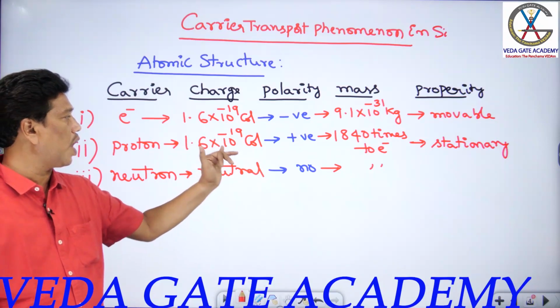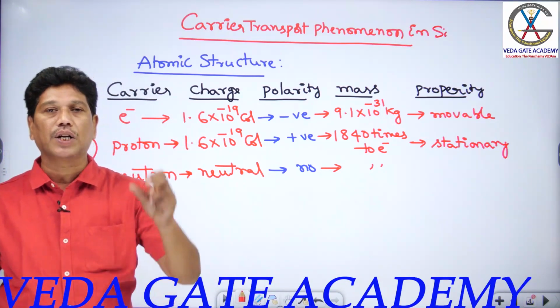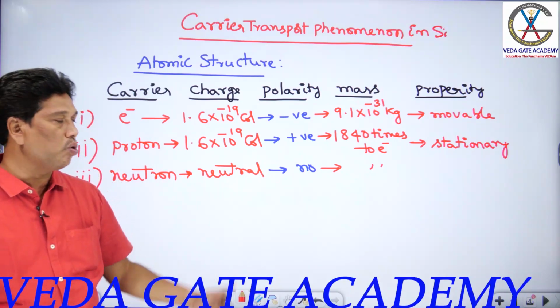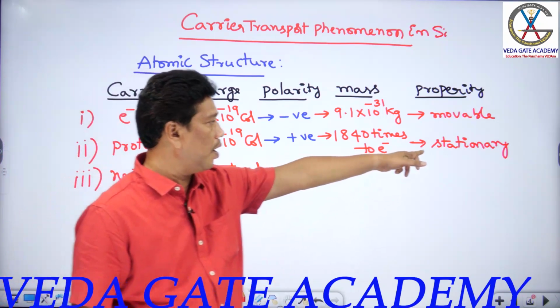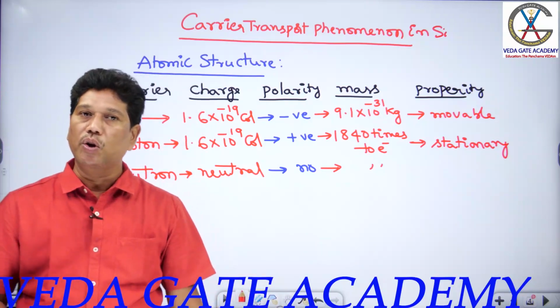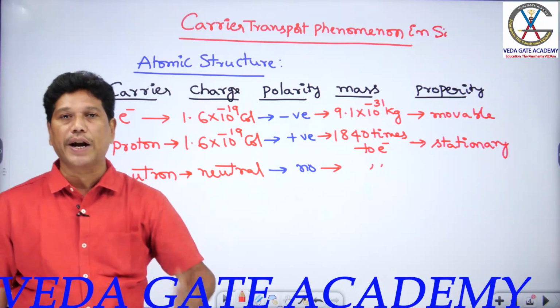So even though it has a charge like an electron, because it is fixed in position it is unable to participate in the conductivity. You don't expect conductivity from the proton.